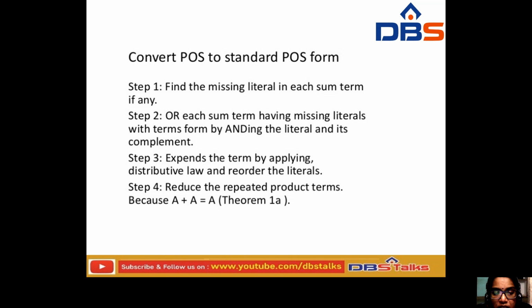Next, expand the term by applying the distributive law, and next we reorder the literals. Next, reduce the repeated product of sums because A plus A is equal to A. So just like that we are going to perform these 4 steps first. After applying these 4 steps, we are going to convert the POS to the standard POS form.